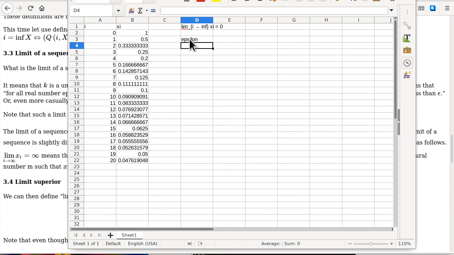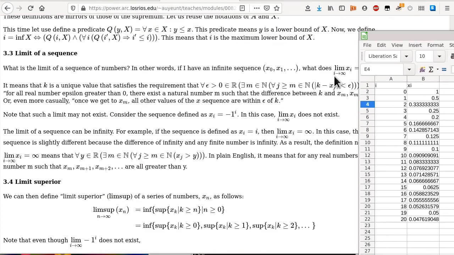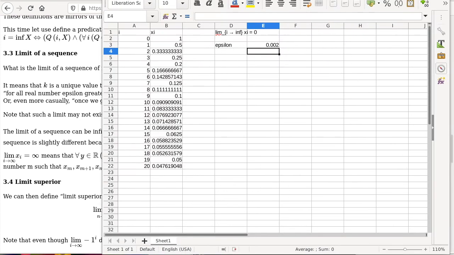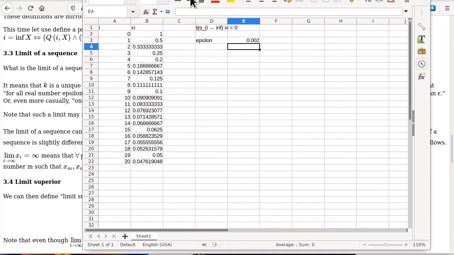We can pick a very small epsilon value. I will just randomly pick 0.002. Now the other thing about epsilon is it has to be greater than 0. Epsilon can never be 0. It can be very small, but as small as it can be, it cannot be 0. It has to be greater than 0.